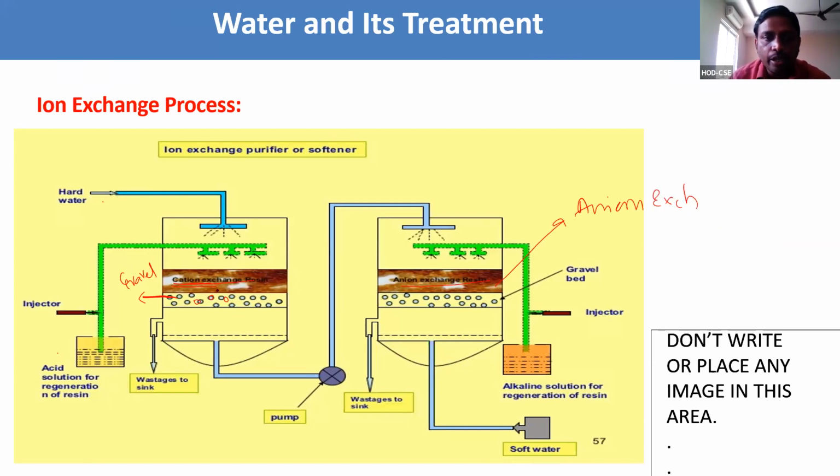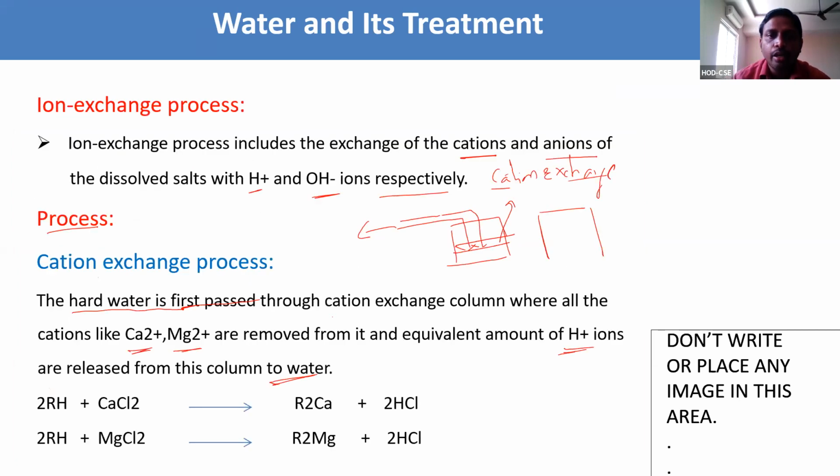The cation exchange column contains the cation exchange resin, and below that there is gravel, which helps during the filtration process. All the cations like calcium and magnesium ions are removed, and an equivalent amount of H+ ions are released from the column into the water.